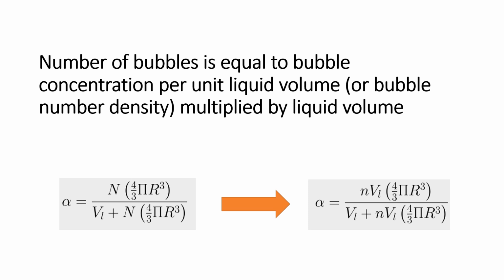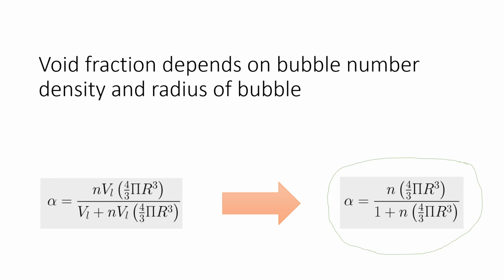Now we can cancel out the liquid volume in the numerator as well as the denominator. So finally we divide both the numerator and denominator by the liquid volume. The liquid volume gets removed from the equation, and now the void fraction, or the vapor volume fraction, is only a function of the bubble number density, small n, as well as the radius of the bubble.